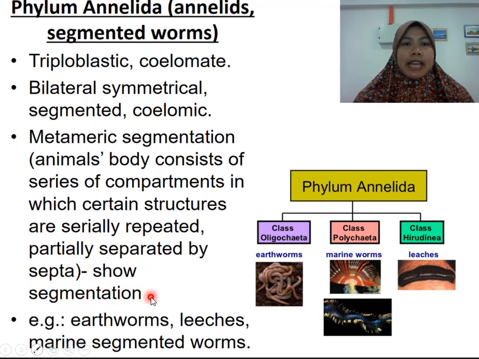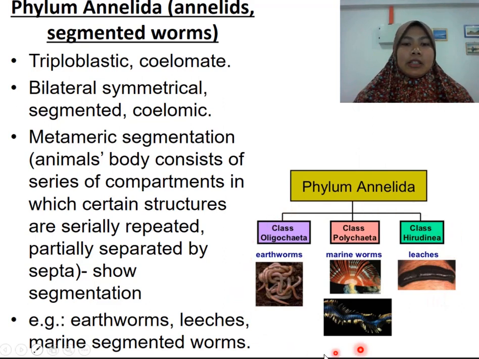Examples of the animals in this phylum are earthworms, leeches, and marine segmented worms. You can see that phylum Annelida is divided into three classes: class Oligochaeta, class Polychaeta and class Hirudinea. The earthworm falls under class Oligochaeta, the marine segmented worm is under class Polychaeta and leeches fall under Hirudinea.